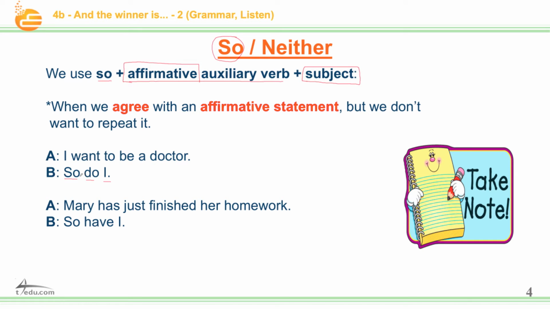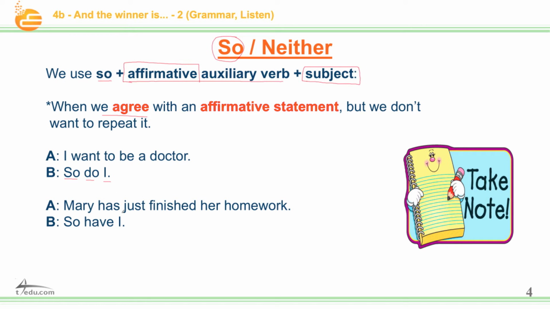I didn't say here, I want to be a doctor too. I said, so do I. It means that I'm agreeing, I want to be a doctor like you. Okay? Let's take another example.